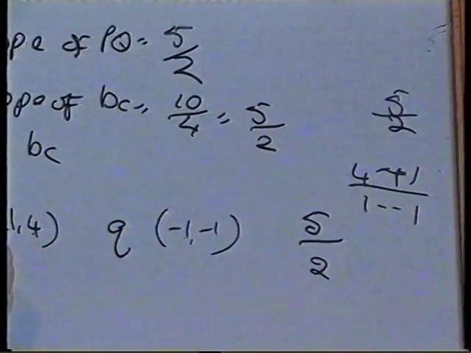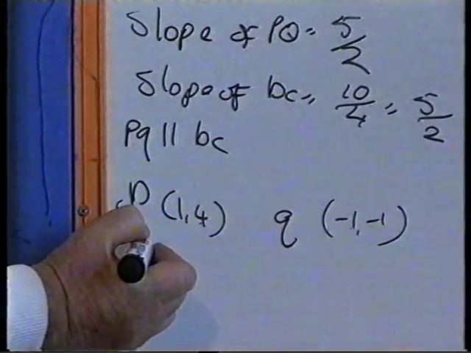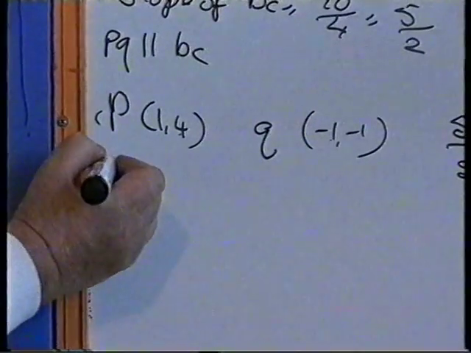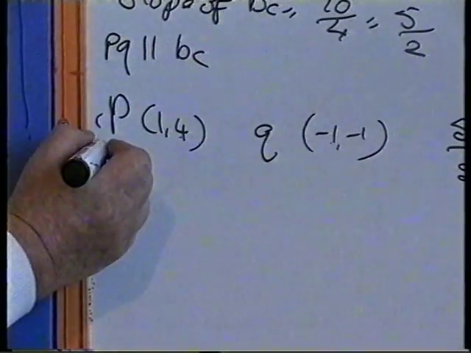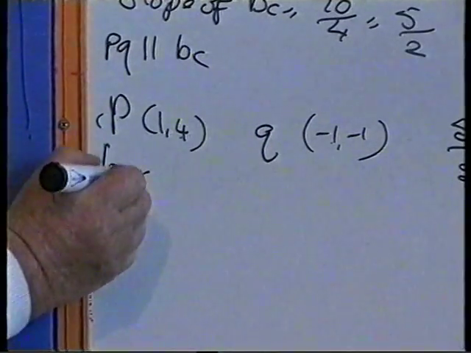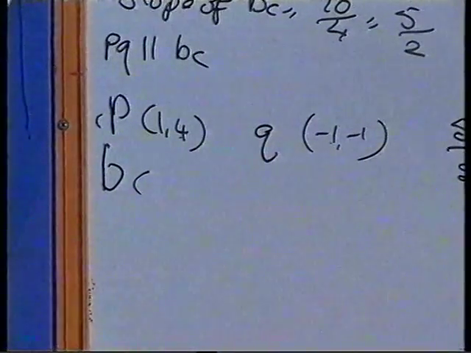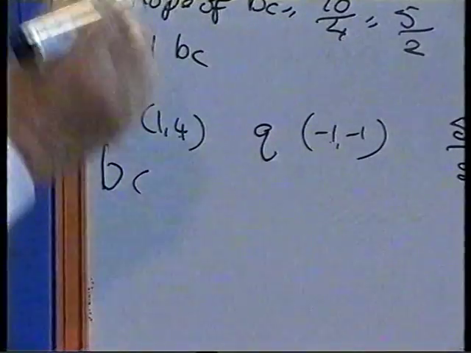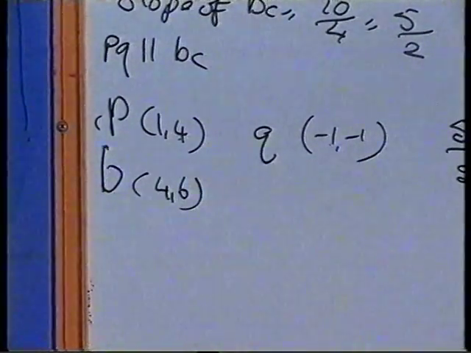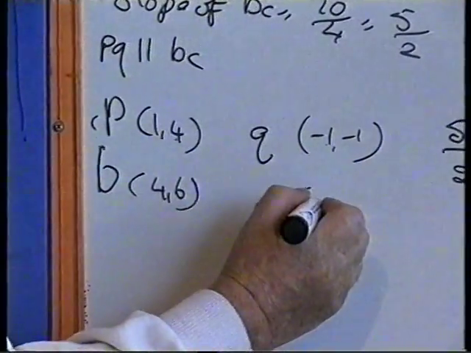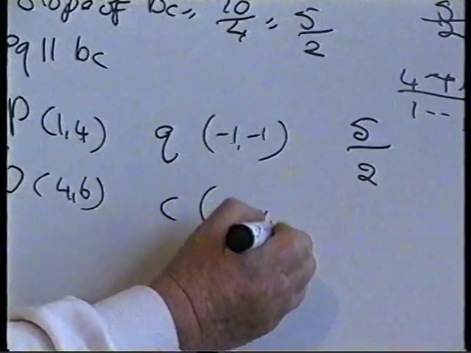And the same if you take B and C. B is 4, 6, and C is 0, minus 4.